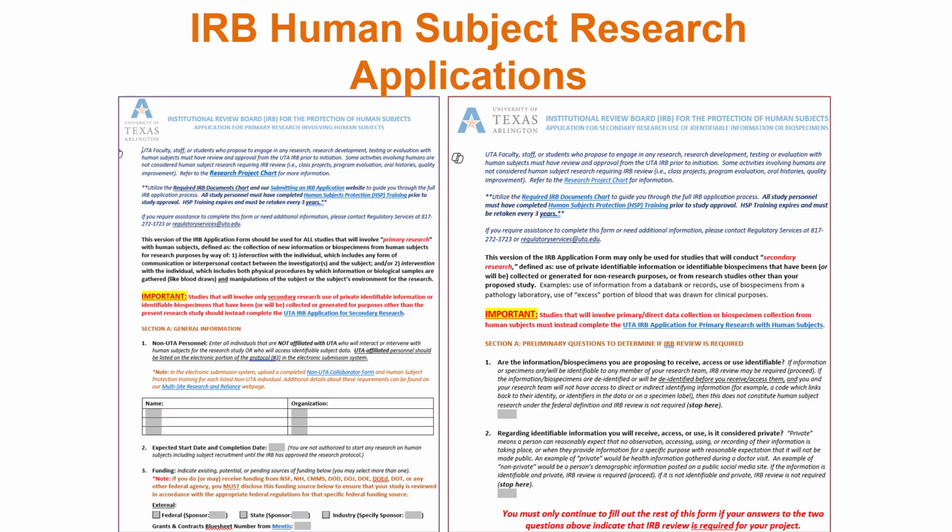This would include use of information from a data bank or records, or utilizing biospecimens or excess blood from a lab. There are prompts at the beginning of each application that describe what type of research each application should be used for. But if you have any questions about what type of research project your study would fall under, please feel free to reach out to us.